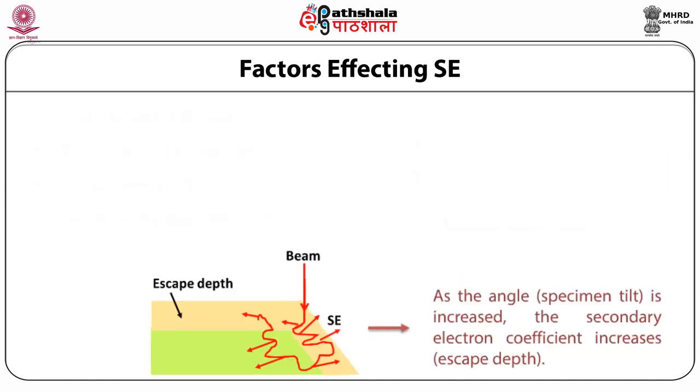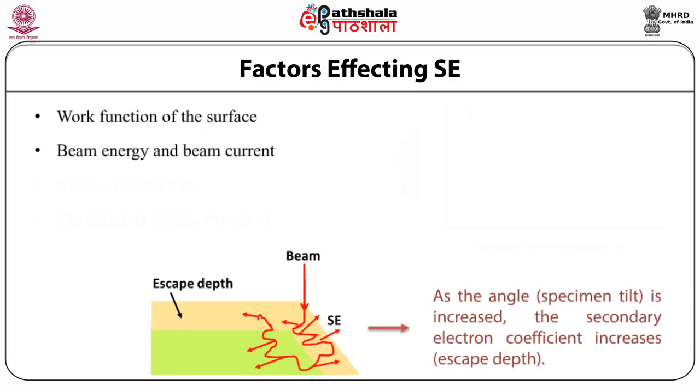The factors affecting the secondary electron emission. The first one is the work function of the surface. The second is the beam energy and beam current. The secondary electron coefficient increases as the beam energy is lowered.